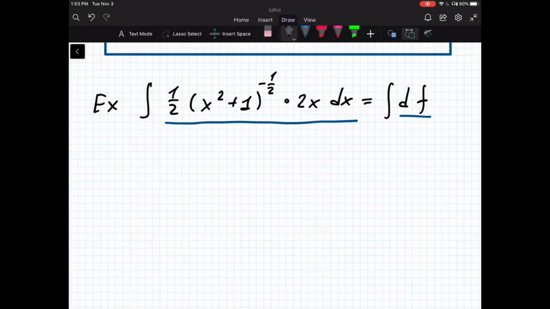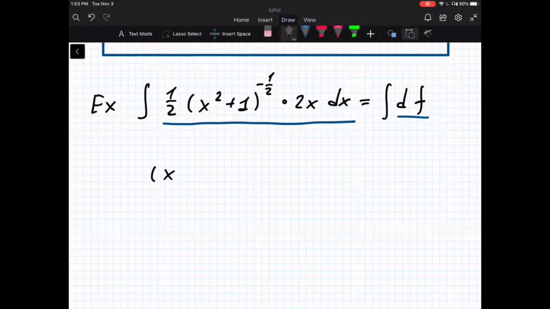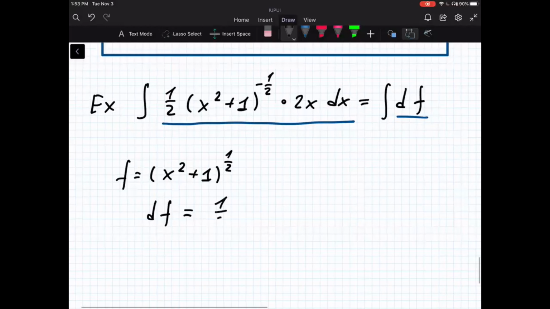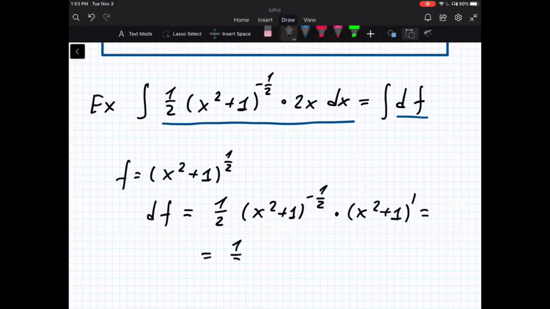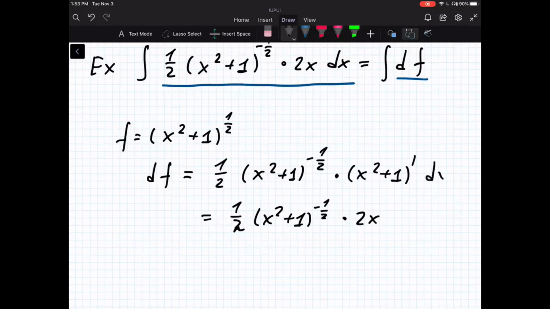And the point is that if I consider the function x squared plus 1 to the power 1/2, then indeed its differential will be this, because using the generalized power rule, first I differentiate the power 1/2, so it gives me x squared plus 1 to the power minus 1/2, and then the derivative of the inside, which is exactly the integrand that I have, with dx everywhere: derivative times dx, if I consider the differential.